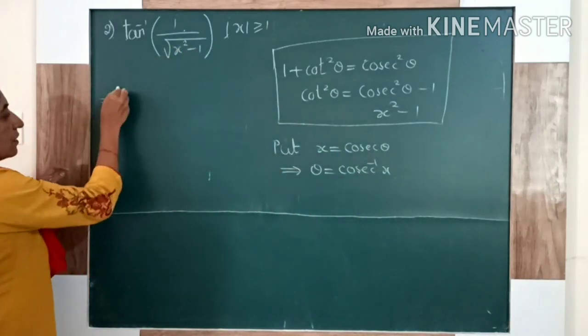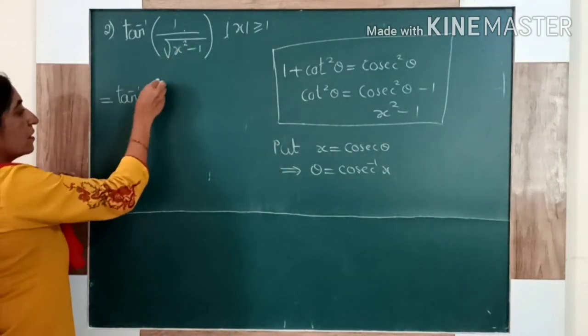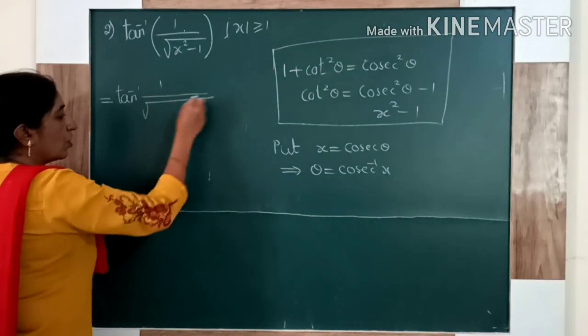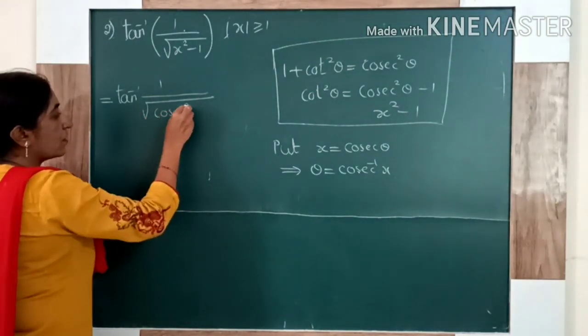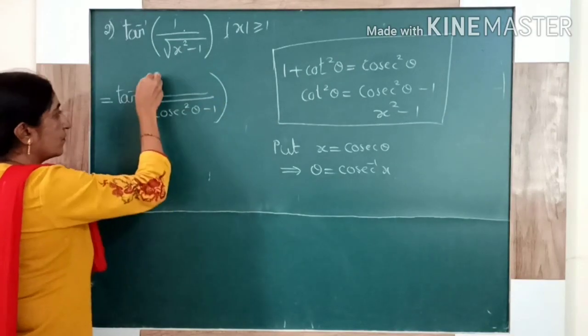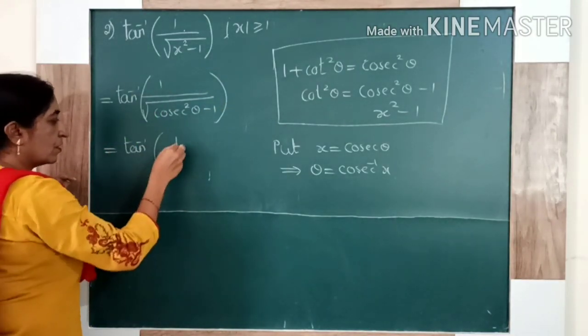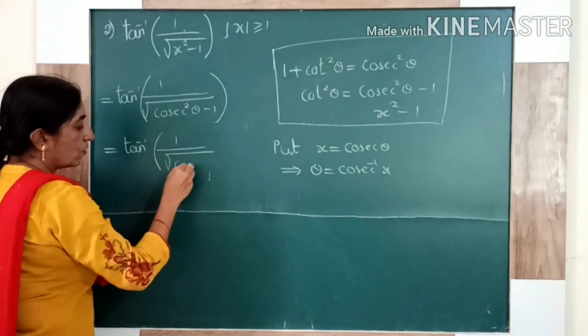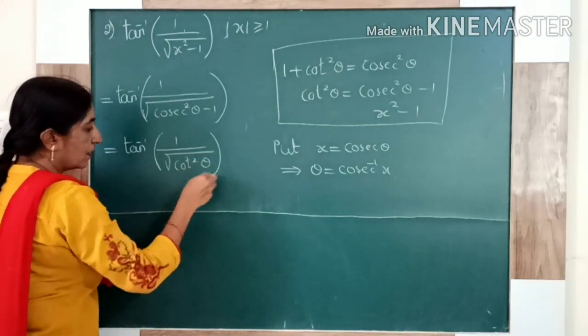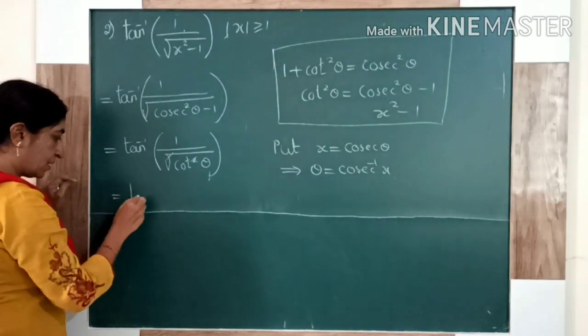Now here tan inverse of 1 upon root of cosecant square theta minus 1, and it is the tan inverse of 1 by root of cot square theta. Square root and square cancel.